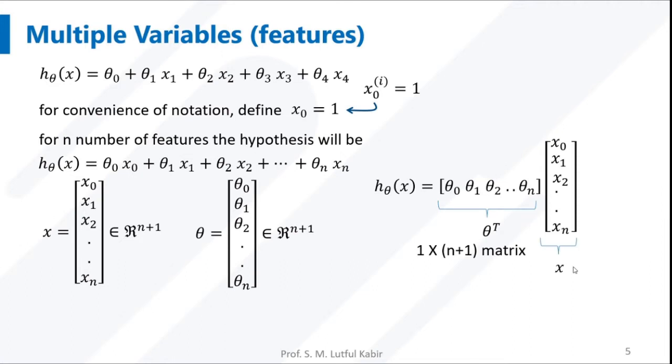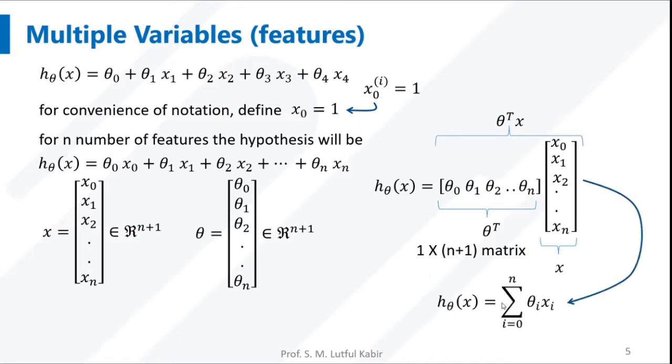And the last matrix, which is the X matrix, contains n plus 1 x's, x0, x1, x2, x3 up to xn, and this is a column matrix, so it is simply X. So if we multiply these two, the result is theta transpose multiplied by X. In the summation form, we should write h of x equal to the sum over i from 0 to n of theta i xi.